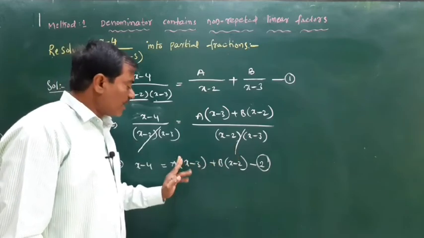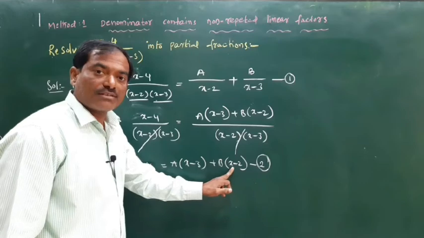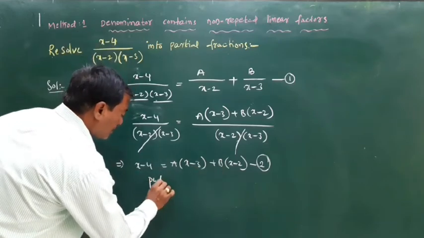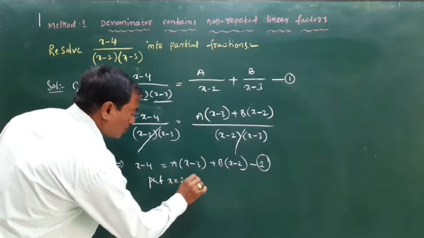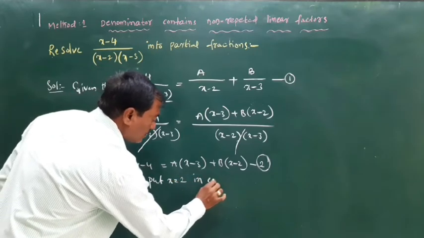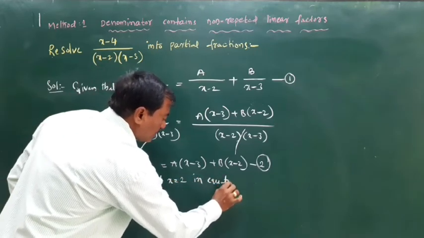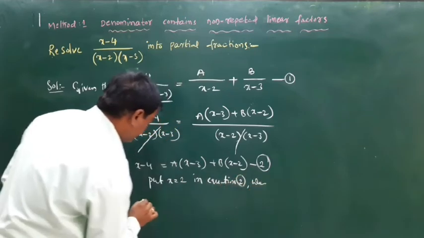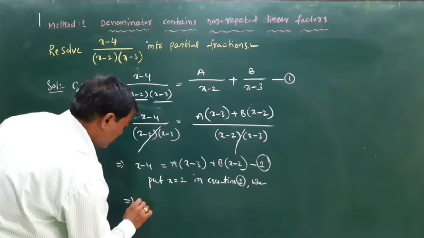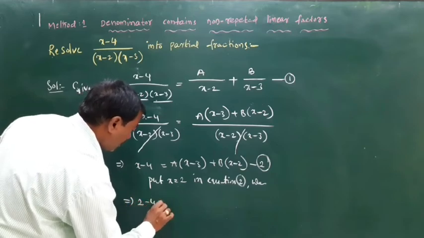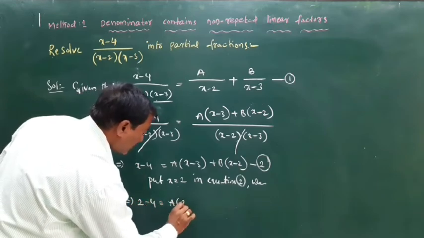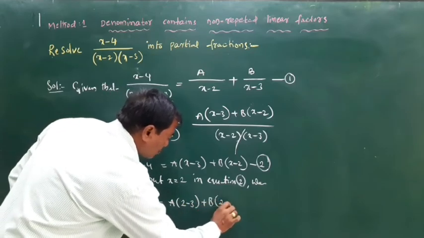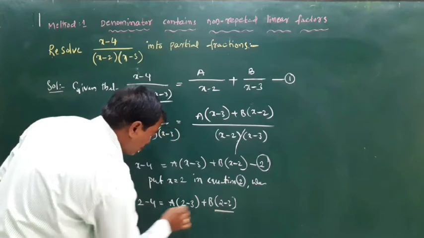So put x equal to 2 in equation 2, we get 2 minus 4 equal to A of 2 minus 3 plus B of 2 minus 2, which becomes 0.